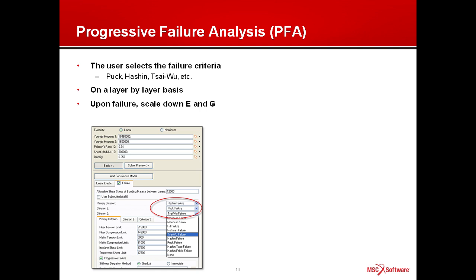We give you a number of choices to knock down these moduli. Another important feature is failed elements can be deactivated. So this is an important option. When all the plies within an element fail, you have the option to deactivate the element, take it totally out of the model.